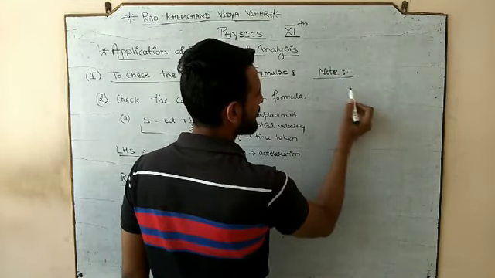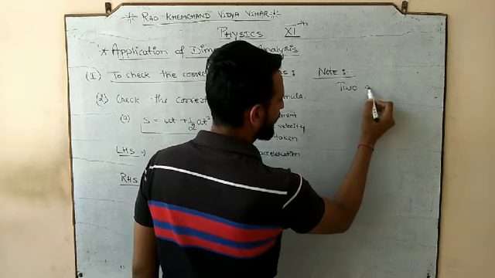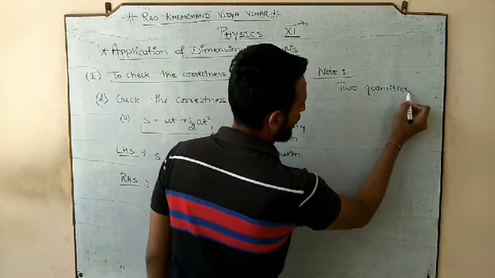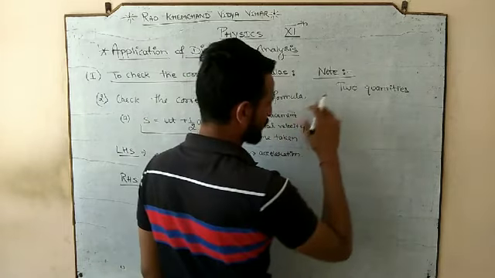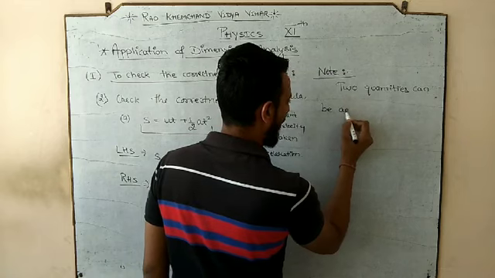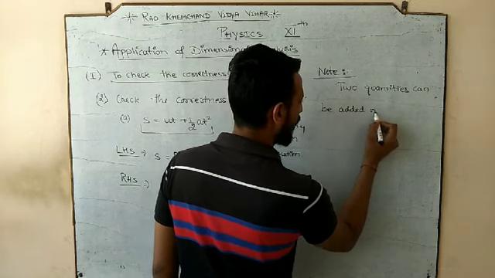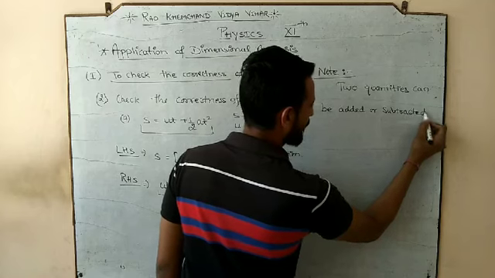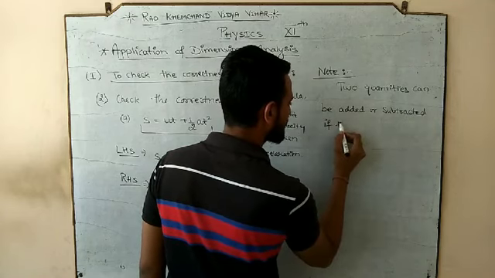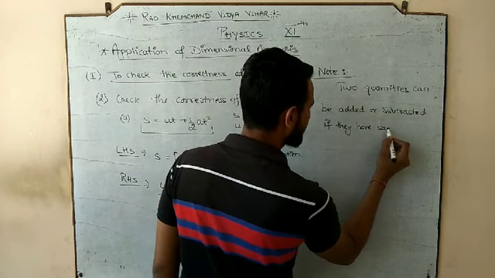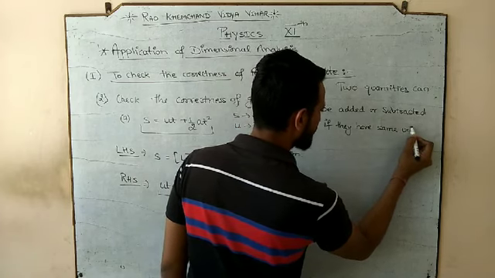So the note is: two quantities, okay, it can be more than two quantities, can be added or subtracted if they have the same units.